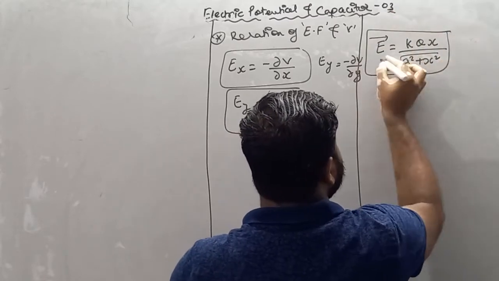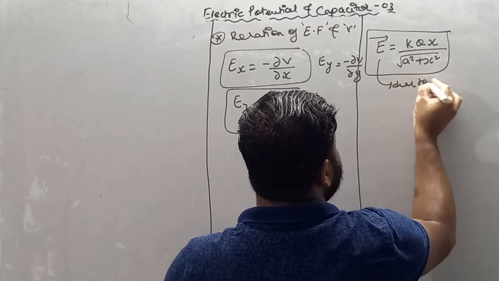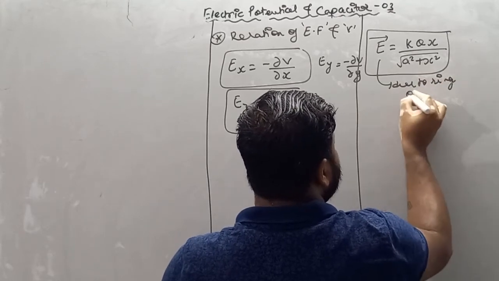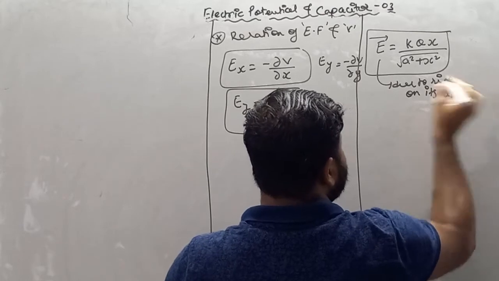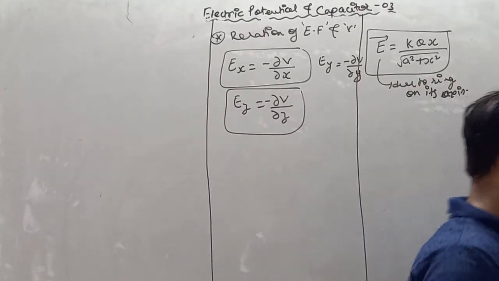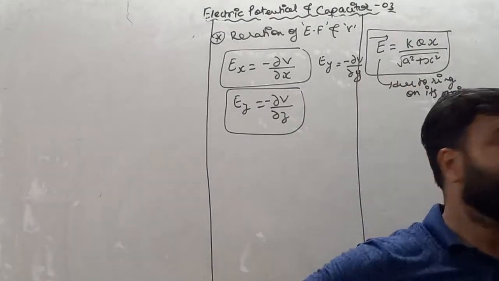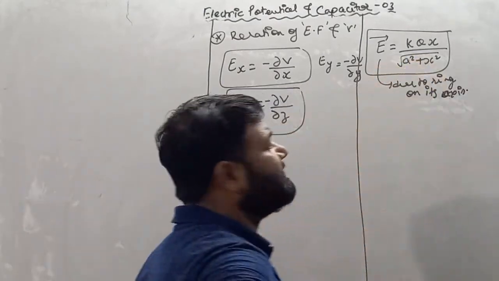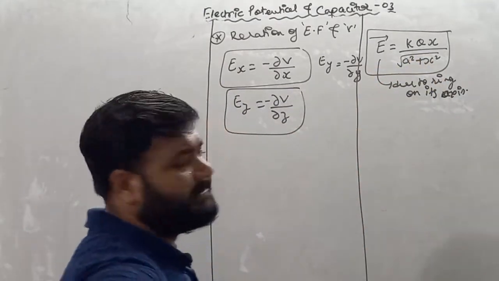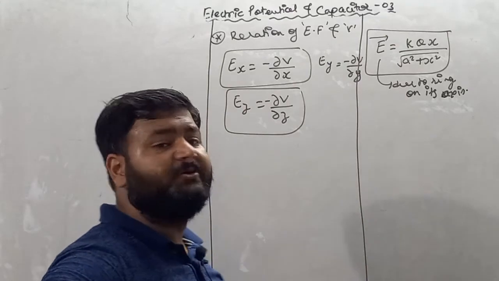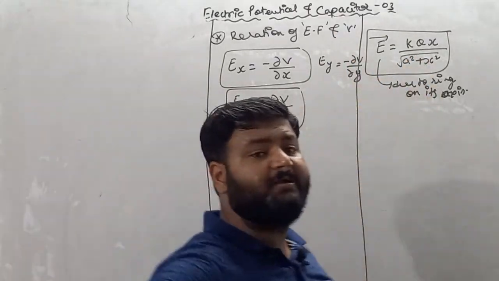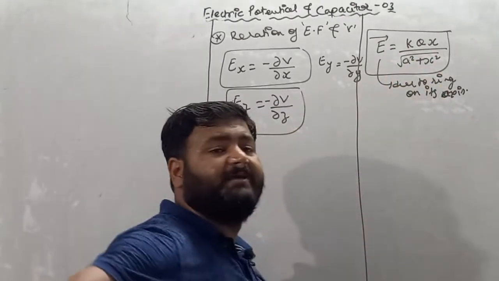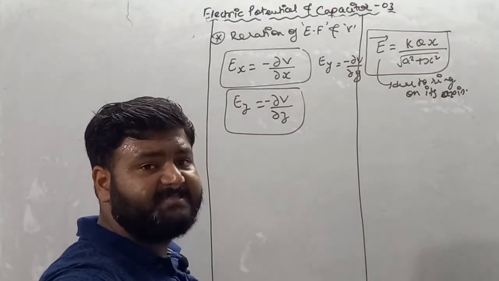This is the value of electric field due to ring on its axis. This formula was found by us in first chapter.